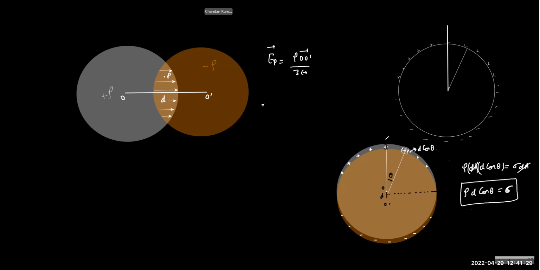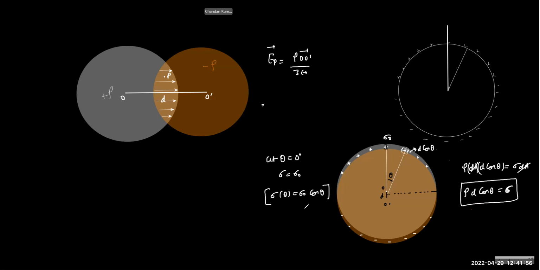If I call rho into D, so rho into D is the sigma at this location. Let's call it sigma naught. So at theta equals 0, we can define sigma as sigma 0. Then we have the formula that sigma at an angle theta is sigma 0 into cos theta, isn't it?